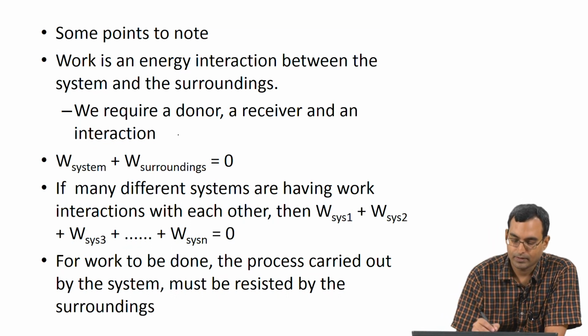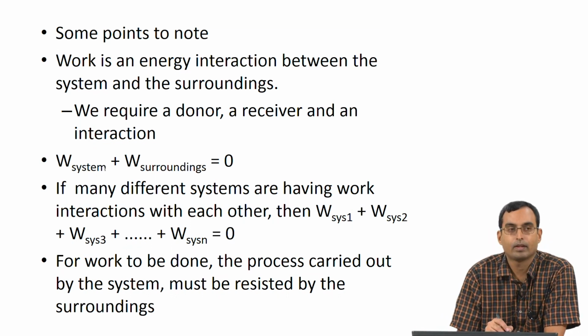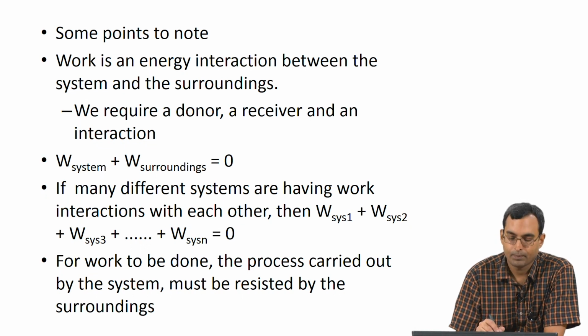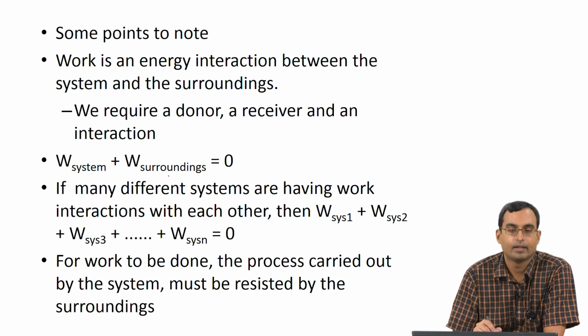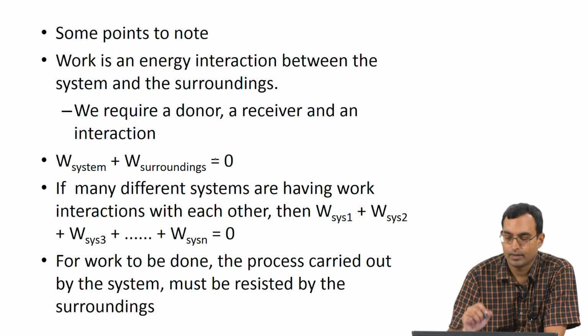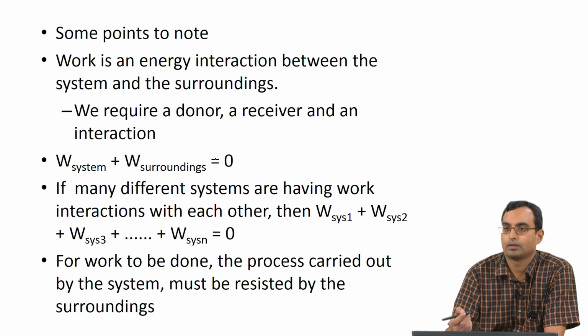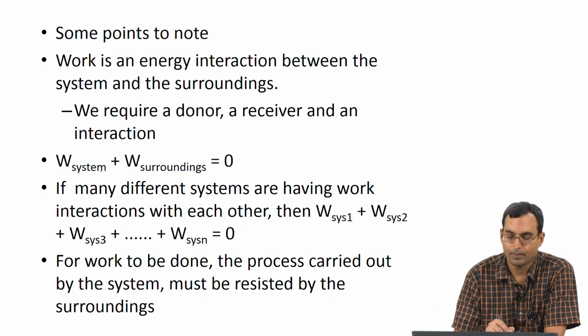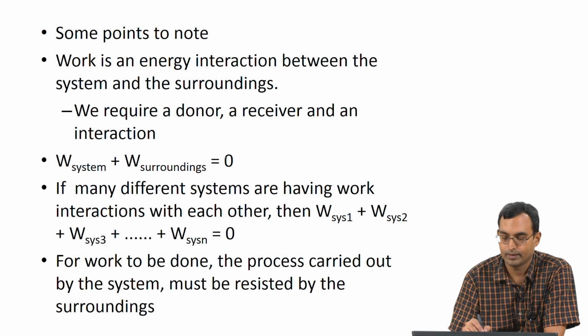So, in this fashion, what we can see is that the work interaction for the system plus the work interaction for the surroundings, if you sum them up, they have to be 0. If there is only one system which is doing work on the surroundings or the surroundings is doing work on the system, if you sum up the work interactions for the system and the surroundings, then the sum has to be 0.